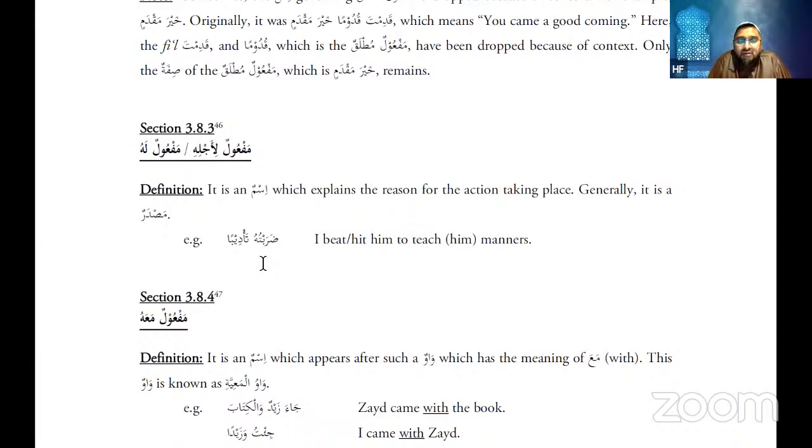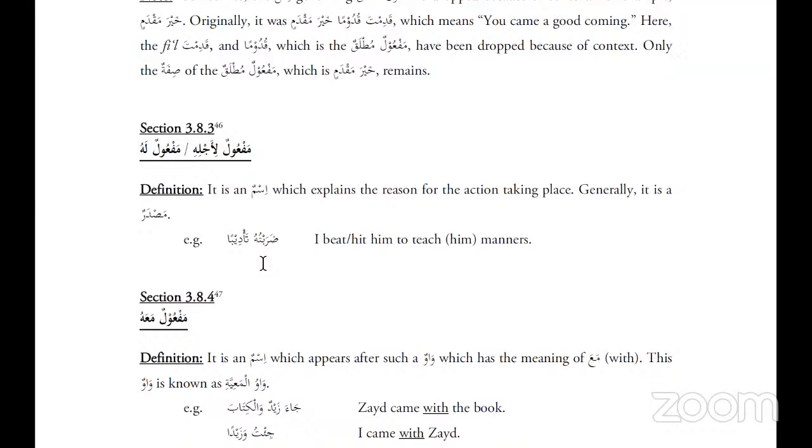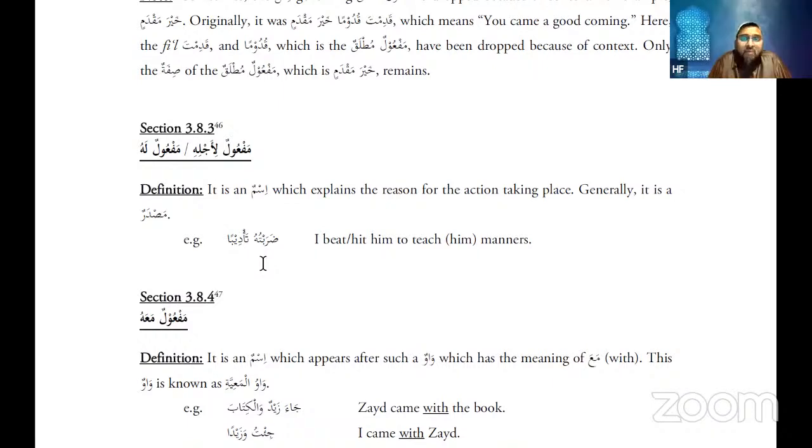No, that's why he's asking the question. Exactly. But when you say ta'deeban, it is mentioned here. If I say darabtuhu, it's just a direct object, with no explanation of why you hit him. But here ta'deeban is coming.